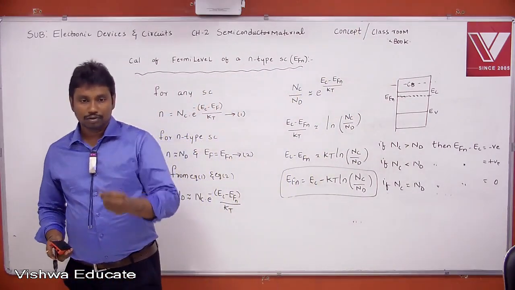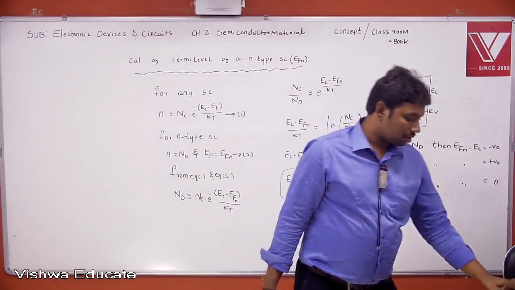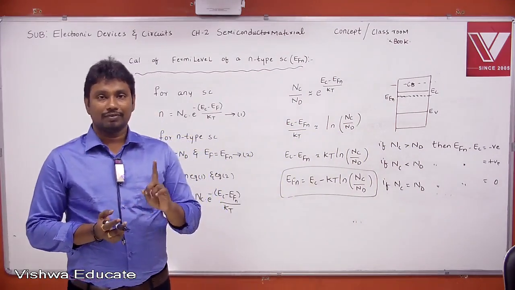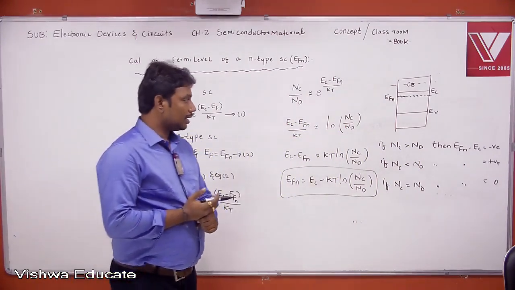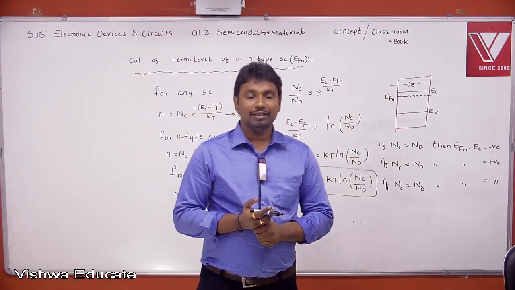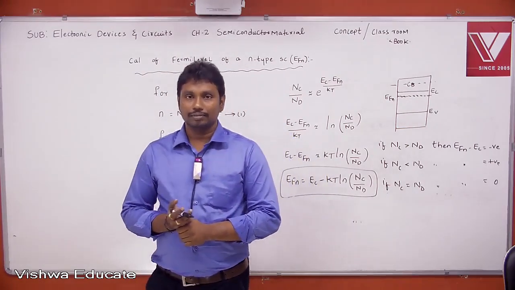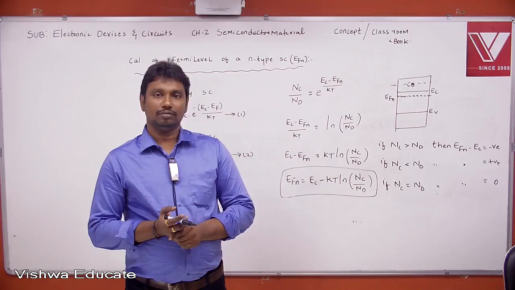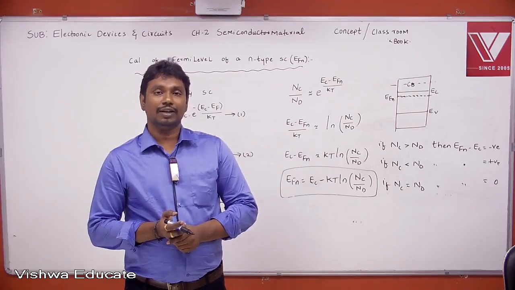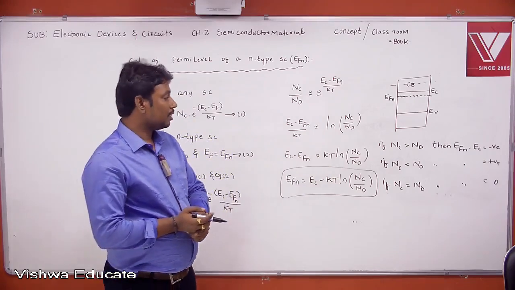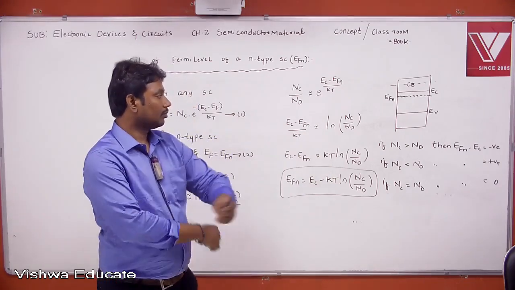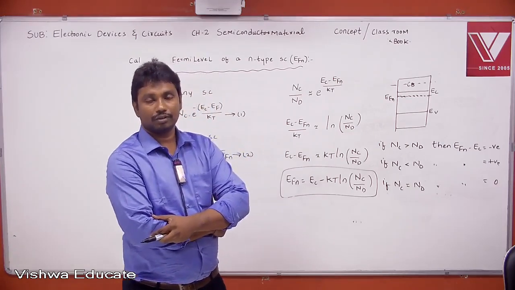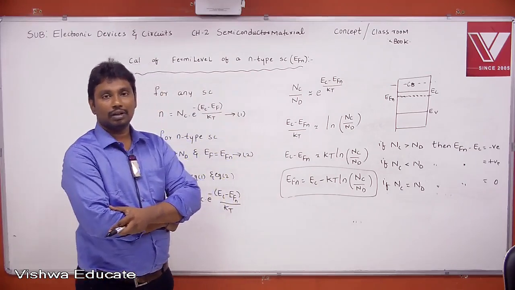Right? Write down your notes. Case 1. If NC is greater than ND, then EFN minus EC equal to negative. That is, the Fermi level lies below the conduction band.